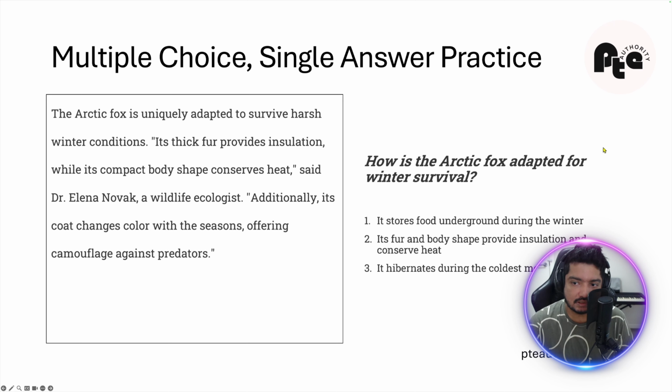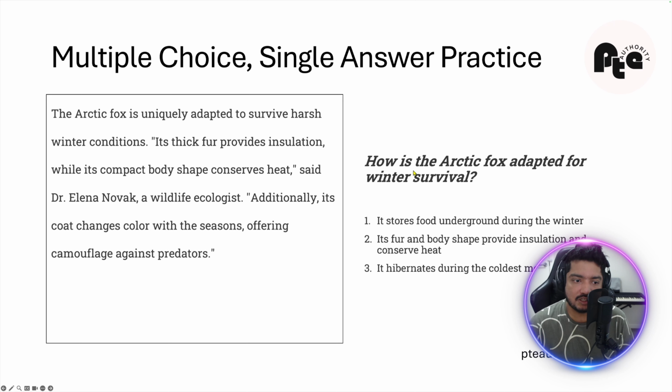According to the QTA method, once you've read the question, we're going to read the text next. The Arctic fox is uniquely adapted to survive harsh winter conditions. Its thick fur provides insulation, while its compact body shape conserves heat, said Dr. Elena Novak, a wildlife ecologist. Additionally, its coat changes color with seasons, offering camouflage against predators. That is interesting information, but that is not what is asked in the question.